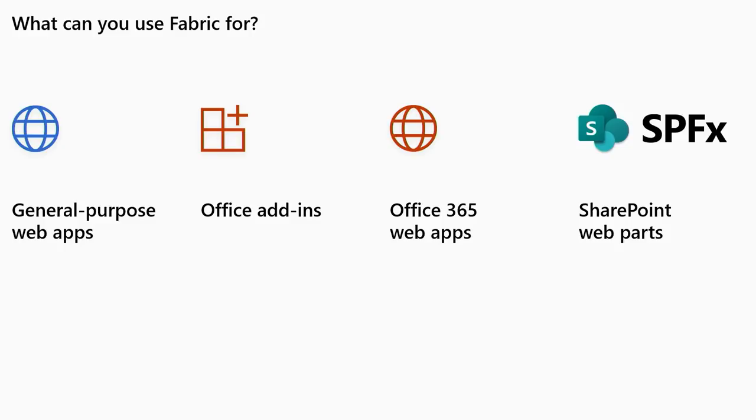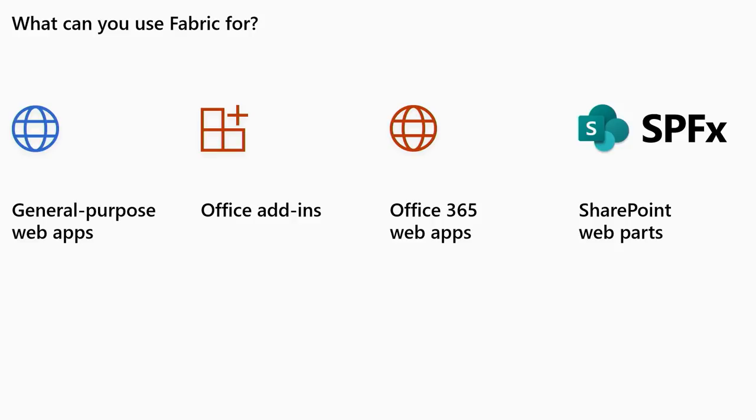So first and foremost, you can use Fabric to build any kind of general-purpose web app. And if you've used similar libraries like Material UI or Bootstrap or Foundation, you'll find a lot of similar concepts here. Now, there are also a number of other Microsoft web-based platforms that have first-class support for Fabric as well.